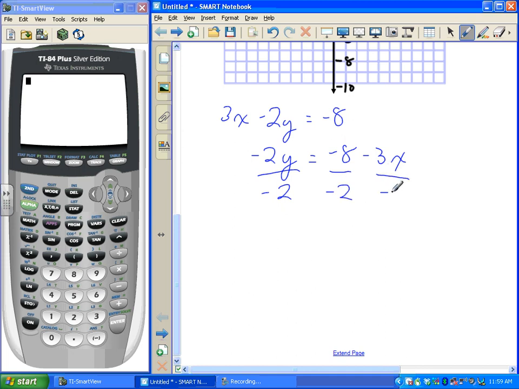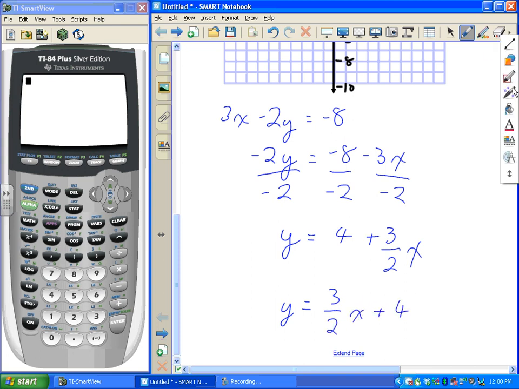This side becomes y equals 4 plus 3 over 2x. Okay? And your y equals mx plus b, this is it. If you want me to write it in reverse, it's 3 over 2x plus 4. Both still the same equation. Our slope is 3 over 2, and our y-intercept is positive 4.